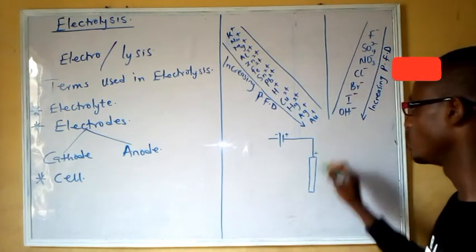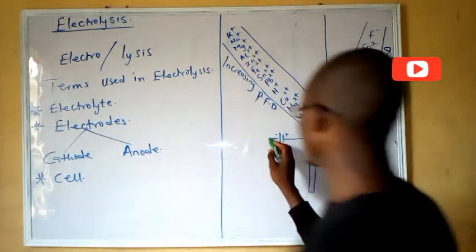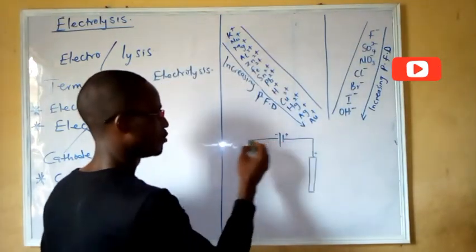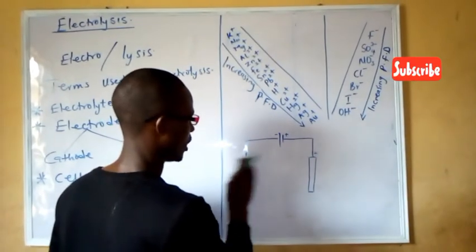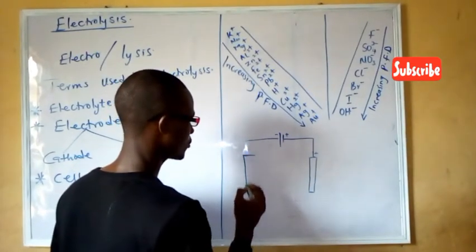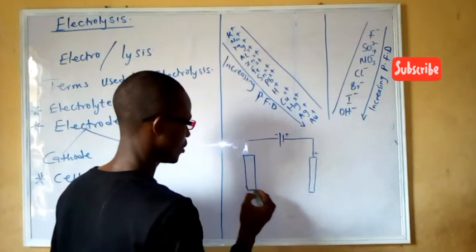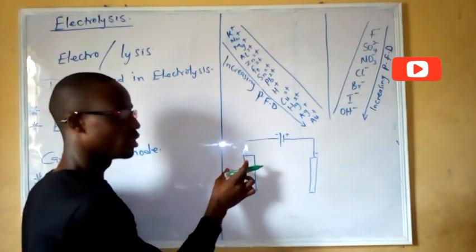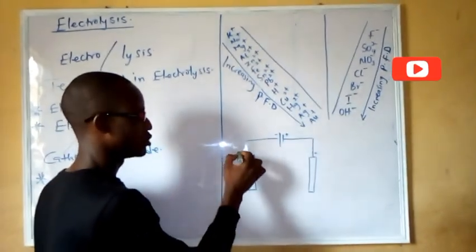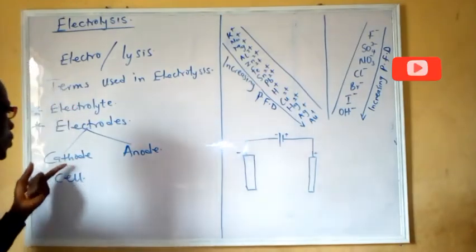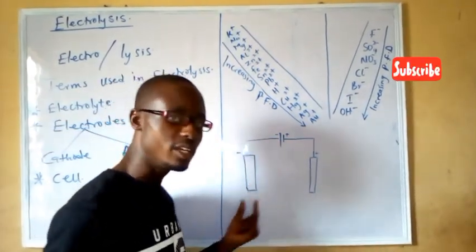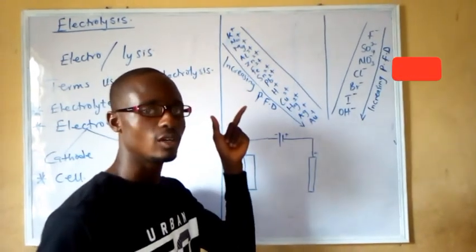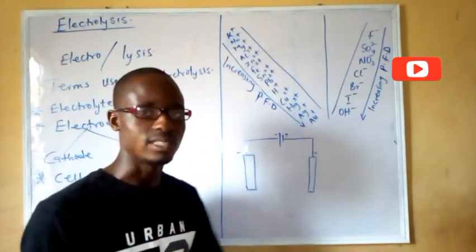Then it is called the anode, positive. Then the negative side of the cell connected to another rod makes this rod a cathode. So the cathode is the negative electrode through which current leaves the electrolyte, or electrons enter the electrolyte.